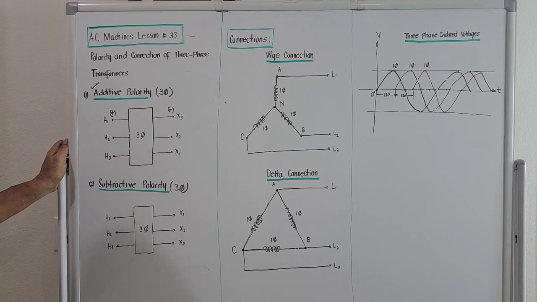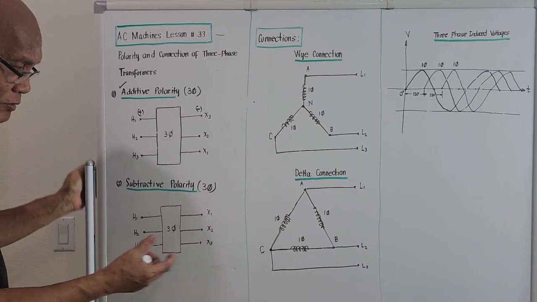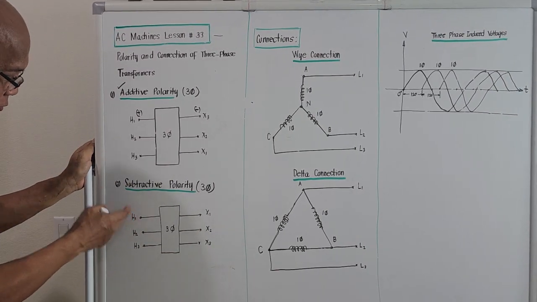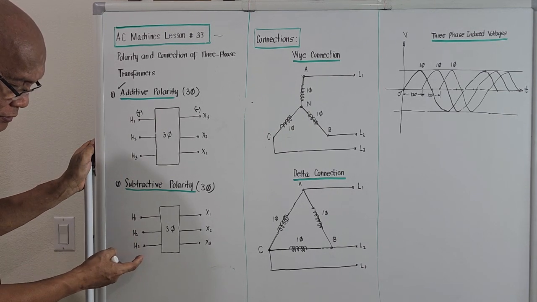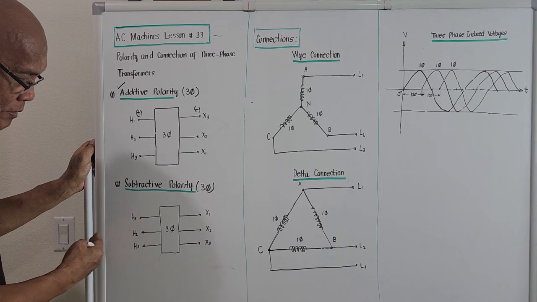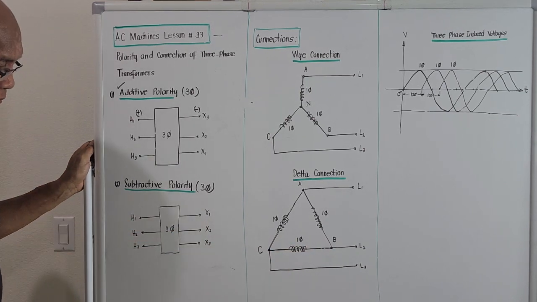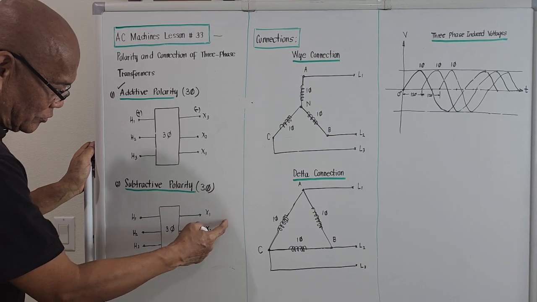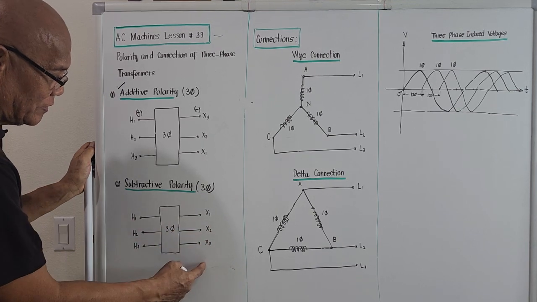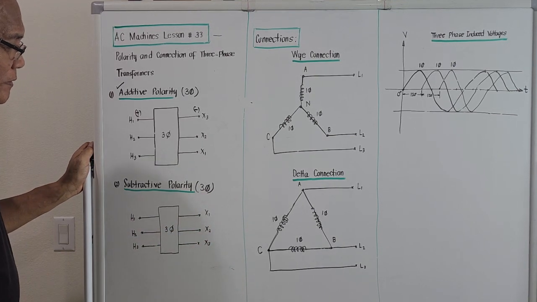For the subtractive polarity, the markings on the primary will still be the same: high side 1, high side 2, high side 3. For the secondary side, this is 1 and 1, 2 and 2, and 3 and 3.